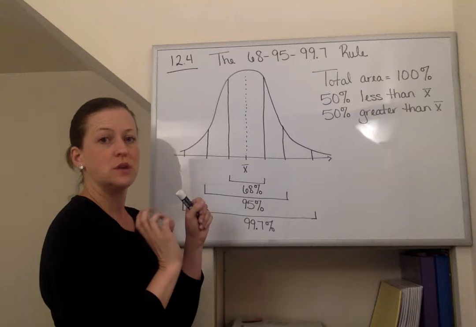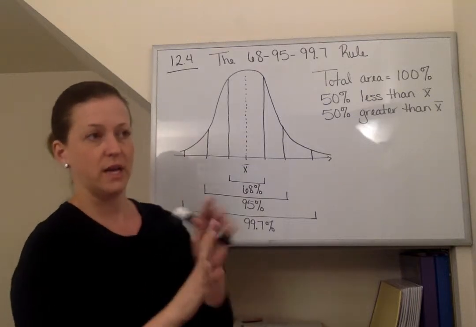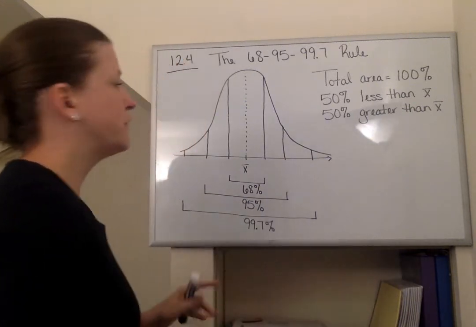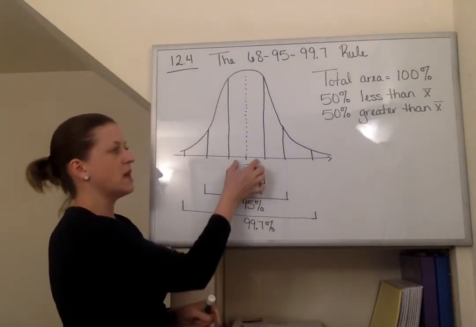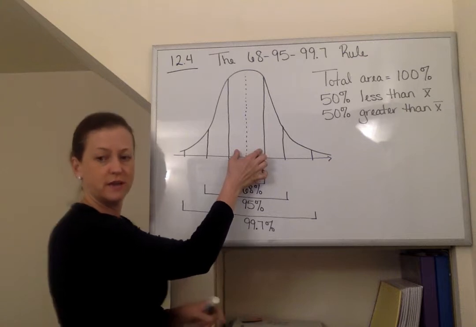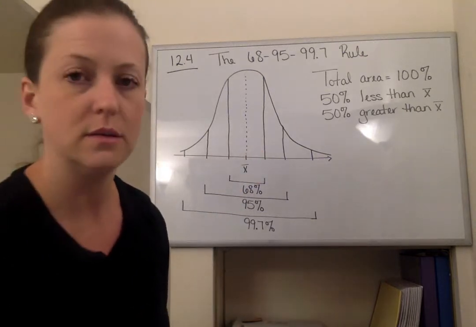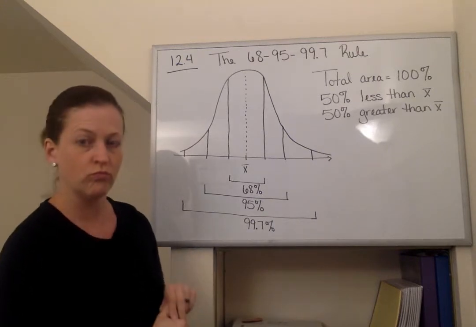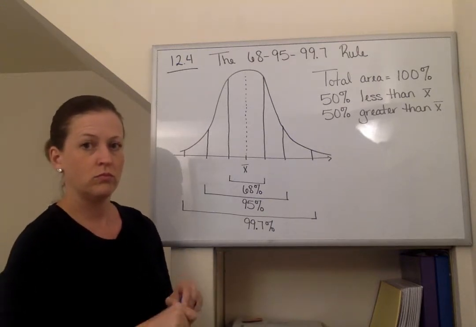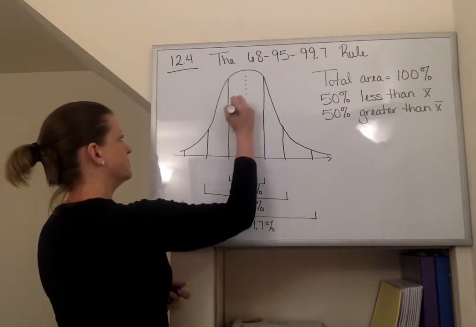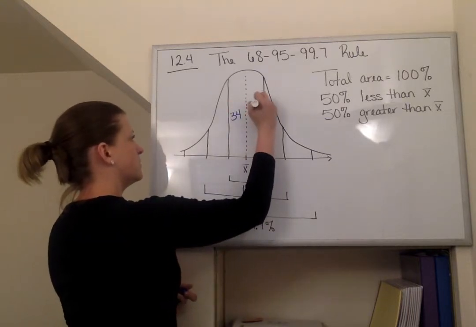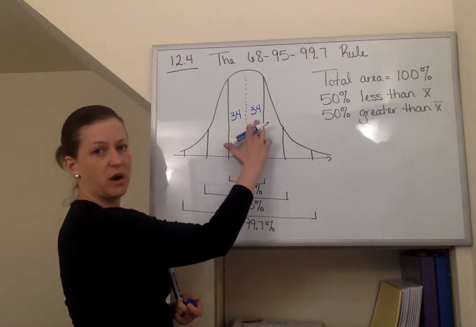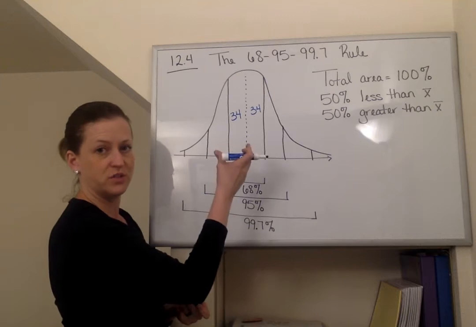Okay, so we're going to play with this a little bit, just playing with the areas and the percentages. For instance, if all of this is 68%, what's 68 divided by 2? 34. Good. So there's 34% in each of these parts because of that symmetry.